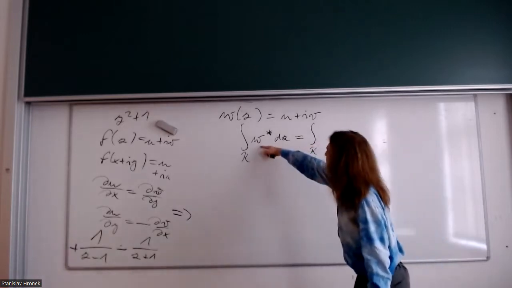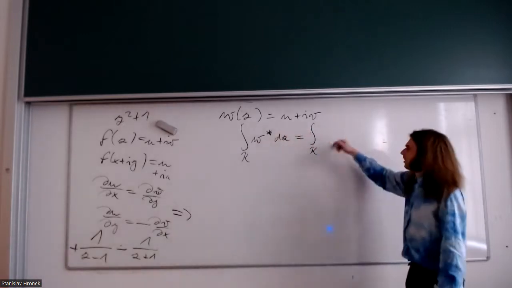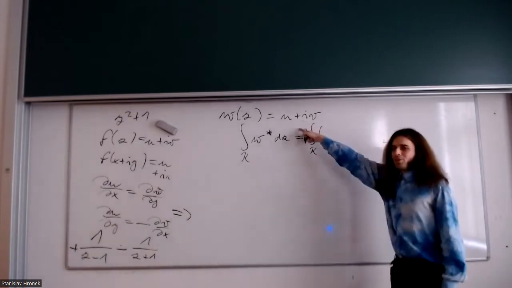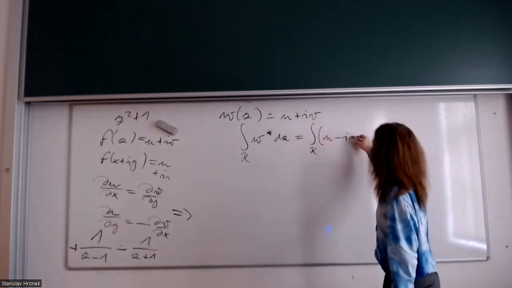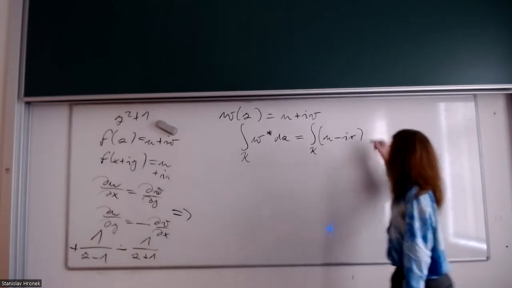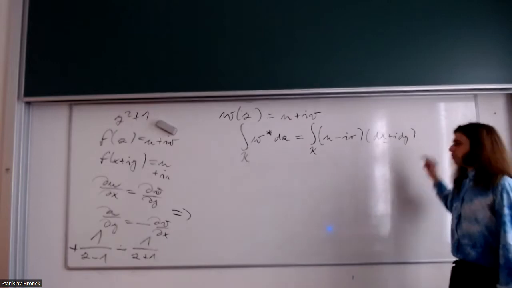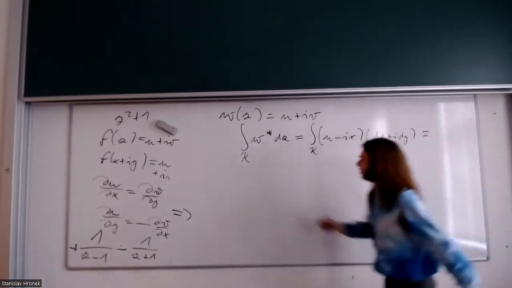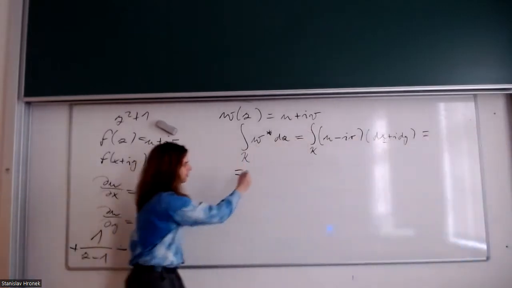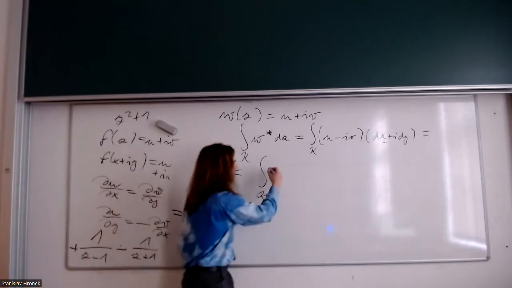So if I do the W complex conjugate, the imaginary part will flip the sign, and the dz, that's just dx plus i dy. So let's just multiply and separate the real part from the imaginary one.